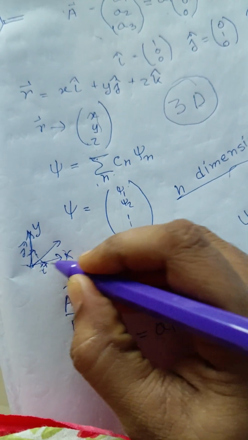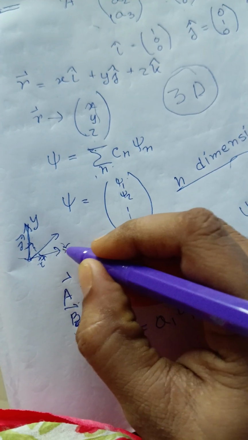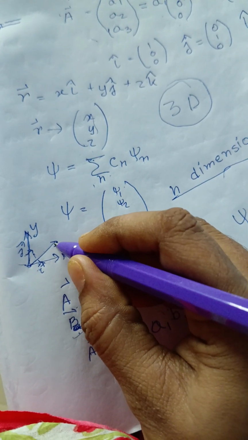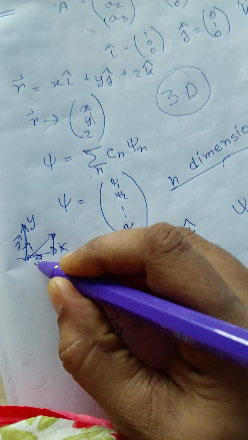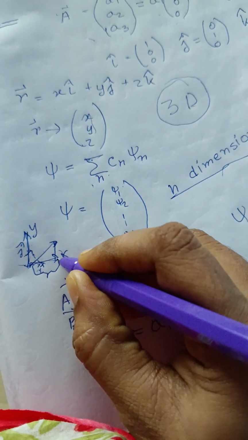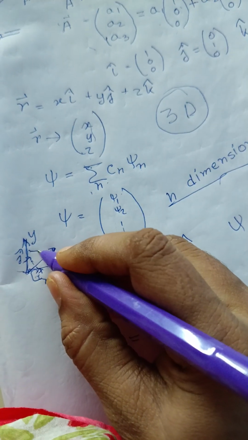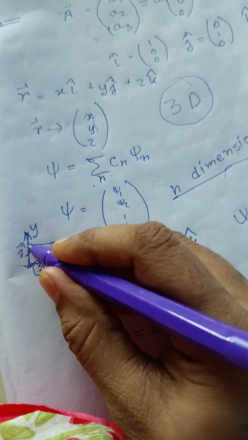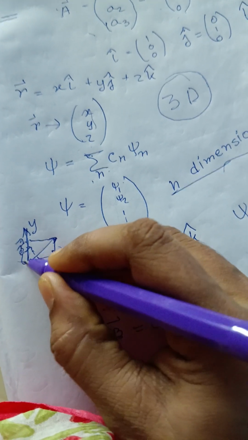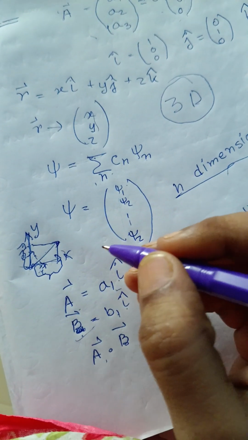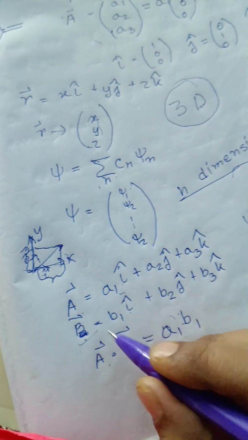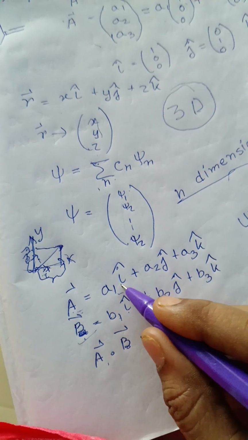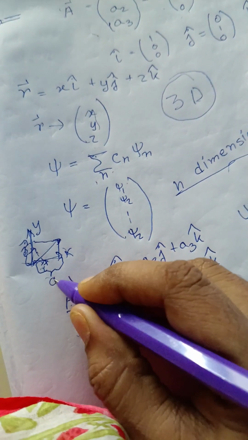A vector dot i cap represents the component of A vector along the x axis, and A vector dot j cap represents the component of A vector along the y axis. You already know that the component of A vector along the x axis is nothing but A1.